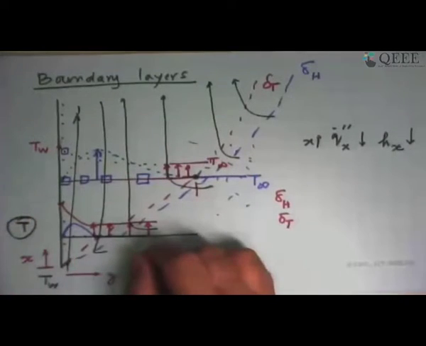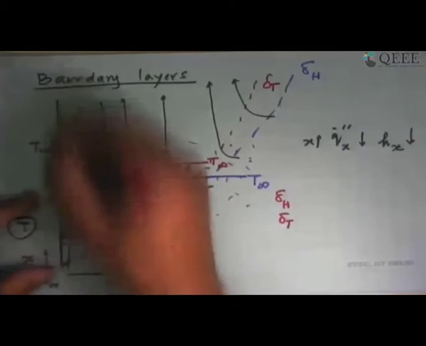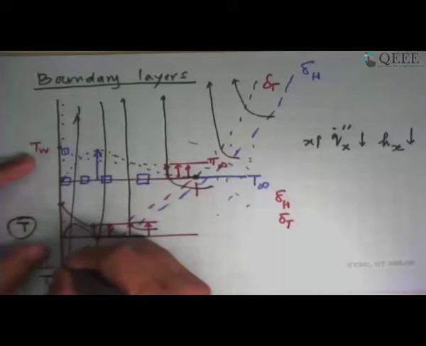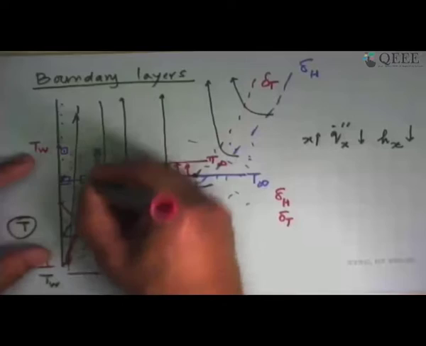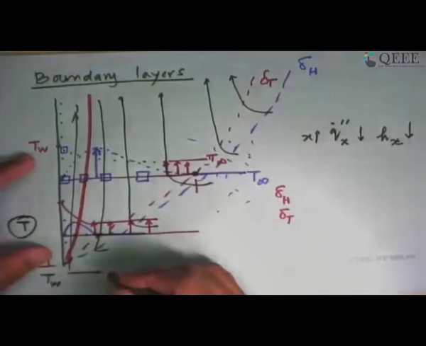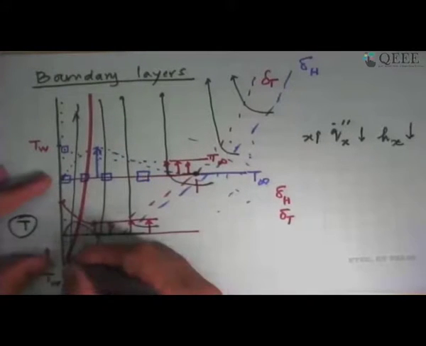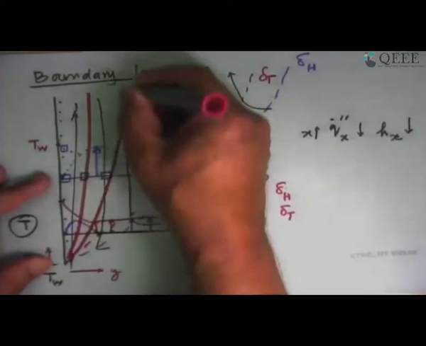That was also the case in forced convection. But if we say this is TW, then which are the points which are TW plus 1 degree Celsius? You will see that it will start from here and be a line that keeps going like that. Then we say which is the line which is TW plus 2 degrees Celsius, say half a degree Celsius. And that will be a line that will go off like that.